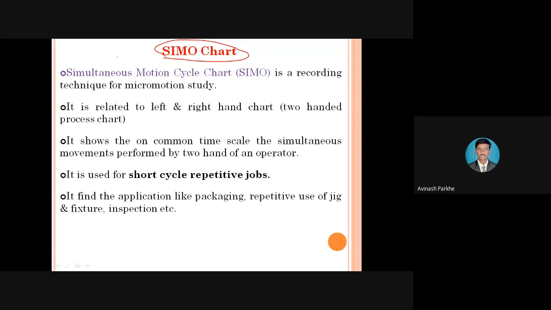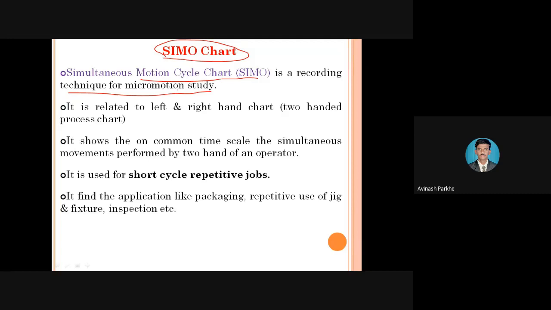What is the long form of the Simo chart? Simultaneous motion cycle chart. It is a recording technique for the micro motion study.